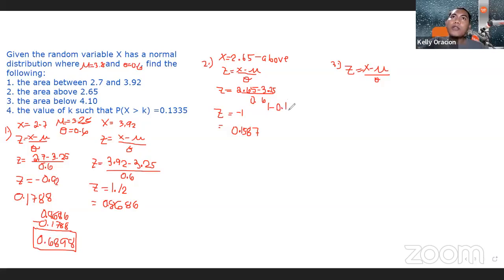So 1 minus 0.1587. The area above 2.65 is 0.8413, and this is now your answer.